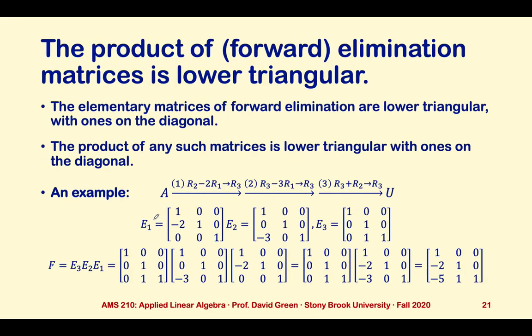Now, what happens when we multiply forward elimination matrices? We take multiple steps of forward elimination. Well, each of these is a matrix of roughly the same form, and the result turns out to also be a lower triangular matrix with 1s on the diagonal. This is a general rule: the product of upper triangular matrices must be an upper triangular matrix. The product of lower triangular matrices must be lower triangular.